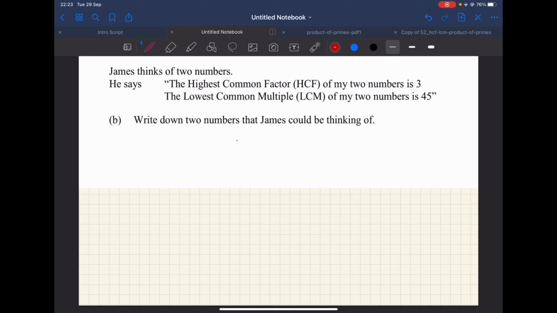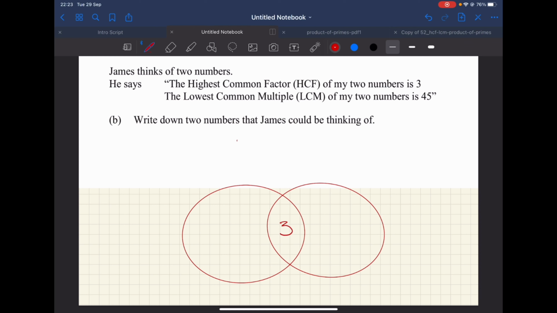We know the highest common factor already. Now the highest common factor is 3. And it says the lowest common multiple of my two numbers is 45. That means when we multiply 3 by the number here and by the number here, we'll get 45.